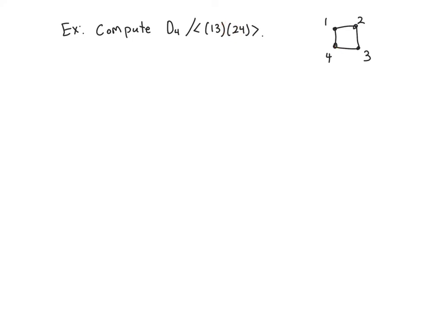This is the 180-degree rotation. So it's a group of order 2. So by Lagrange's theorem, the number of cosets is the size of the group divided by 2. 8 over 2 is 4.